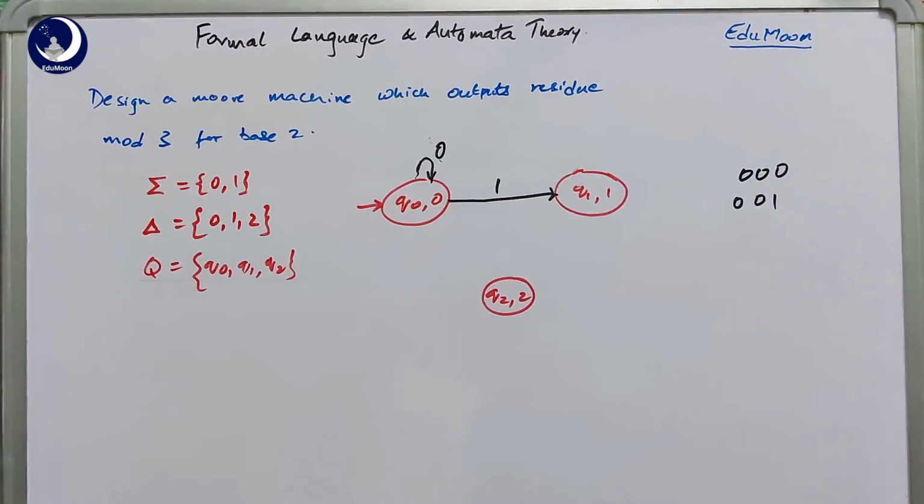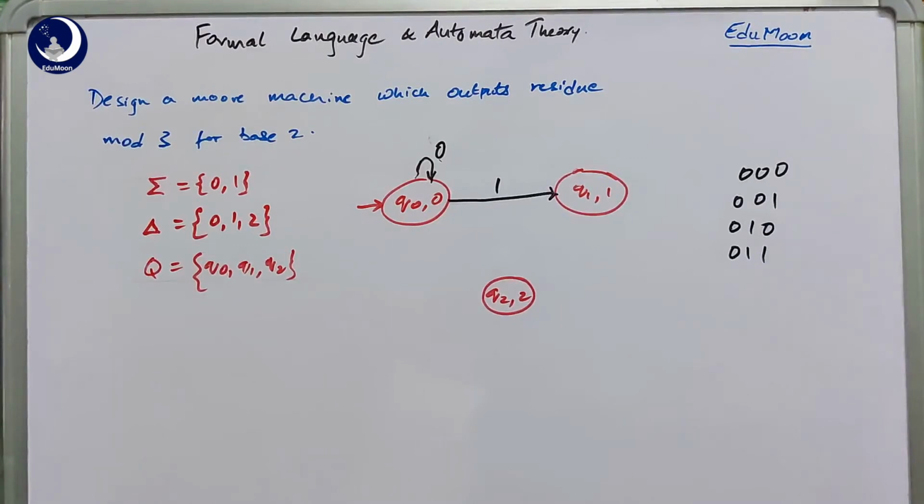Now we take the next binary numbers, that is 0, 1, 0, which is equal to 2, and 0, 1, 1, which is equal to 3. Now 0, 1, 0 is 2, and when we divide 2 by 3 we get the remainder 2. Starting from the initial state, Q0 on 0 goes to Q0, and the next symbol is 1, so Q0 on 1 goes to Q1, and again 0.